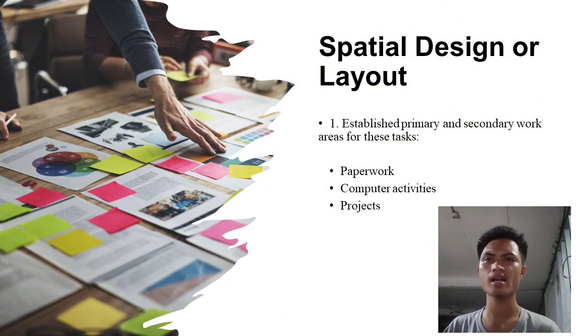Secondary work area. A secondary computer work area can be set up for specific purposes, such as a standing desk for occasional use, a lounge area with a laptop for more relaxed tasks, or a collaborative space for video conferencing and virtual meetings. Last is projects.